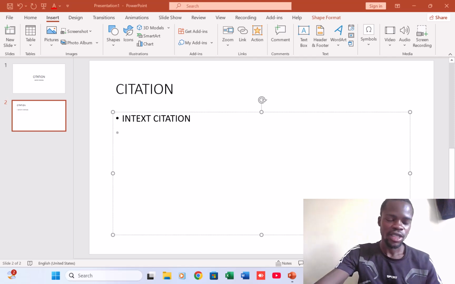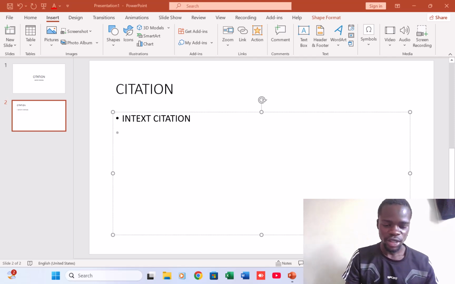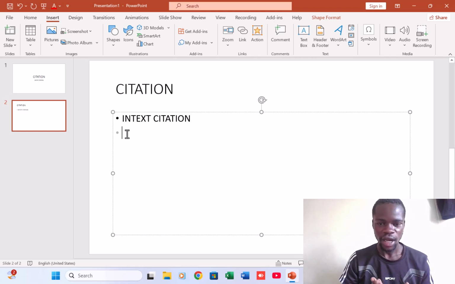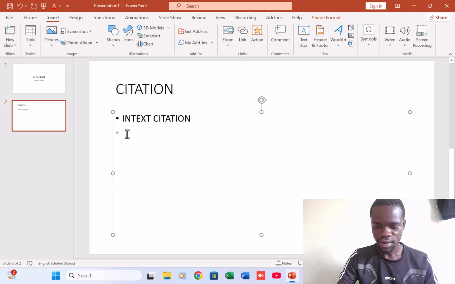When the author is at the end of the sentence, that is parenthetical, you put everything in brackets, including the name of the author.